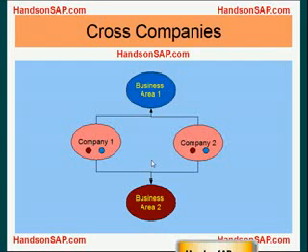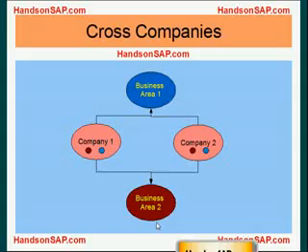Okay, so now this is like cross-company business areas. All the transactions belonging to your line of business 1 are going to go to business area 1 from both the companies, and all transactions belonging to your line of business 2 are going to go into business area 2 as well from both the companies. Okay, so this is another example of the use of business area.